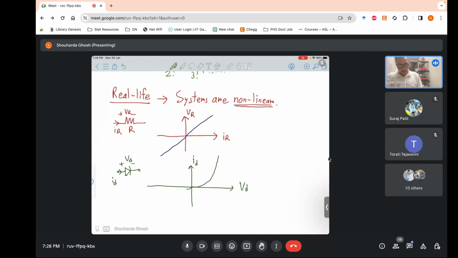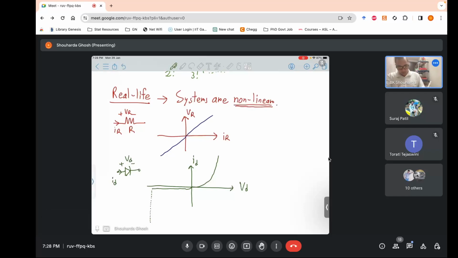And when you go back, it does not allow current to flow. Very low leakage current it allows to flow. And then after a certain voltage, the diode breaks down and allows any current to flow through it.